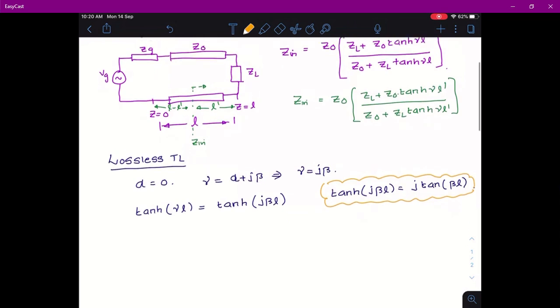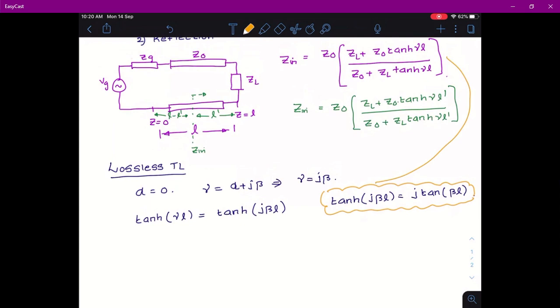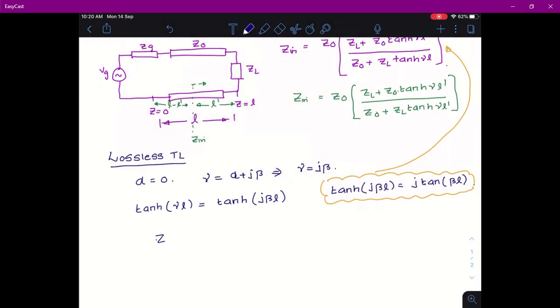So I can substitute this in my expression here, and I can write the input impedance for a lossless transmission line as Zin is equal to Z0 into (ZL plus j Z0 tan beta L) by (Z0 plus j ZL tan beta L).